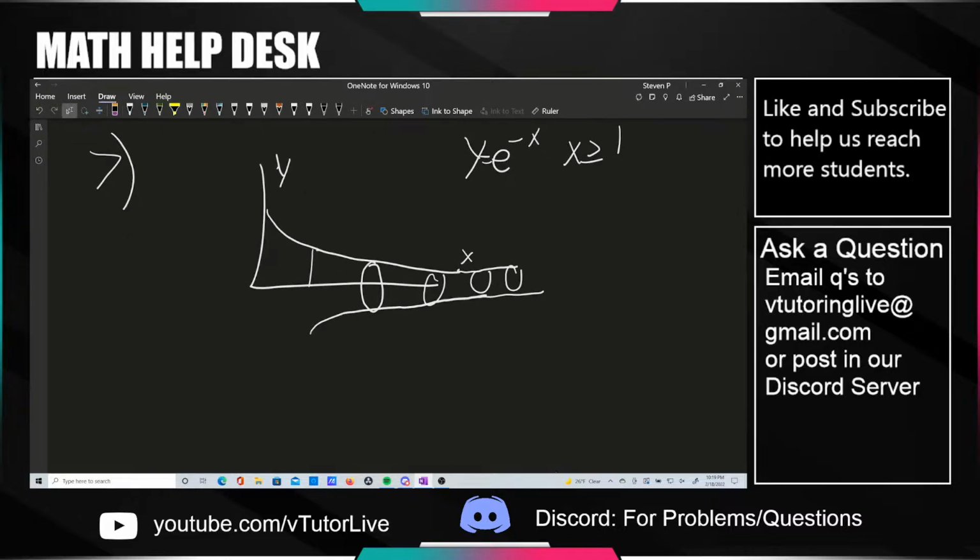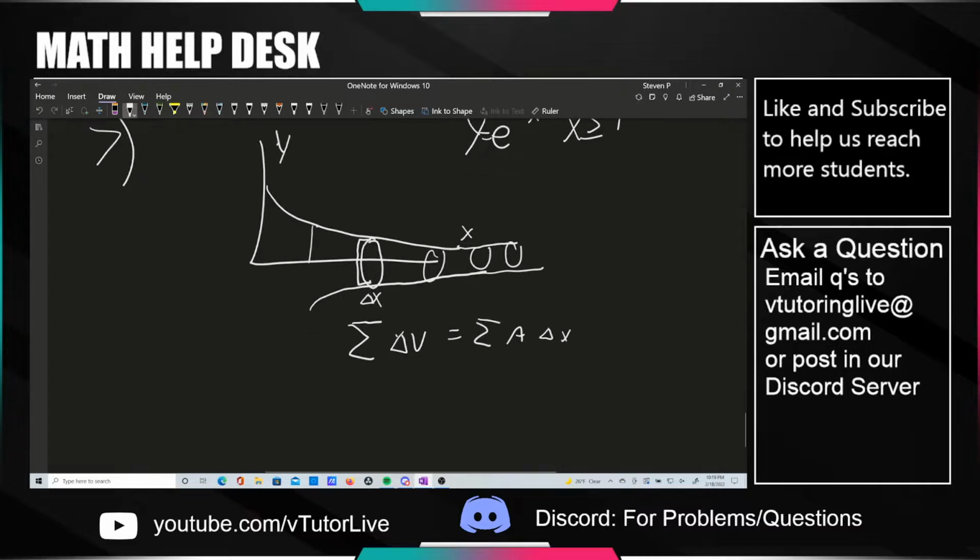So to figure it out, you just have to go ahead and integrate. But the concept is very similar to what we had earlier, right? We basically just wanted to add up the little differential volumes, and each one of these cylinders, well, they're kind of rotated sideways now, but they each have an area, and they each have a little height delta x, right?